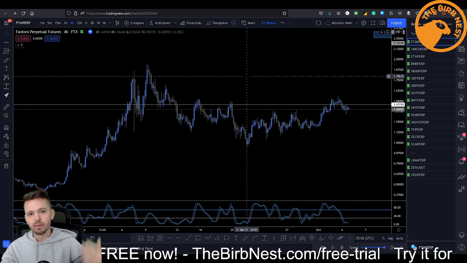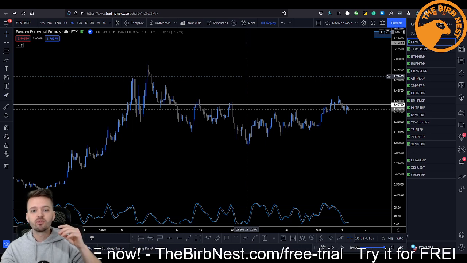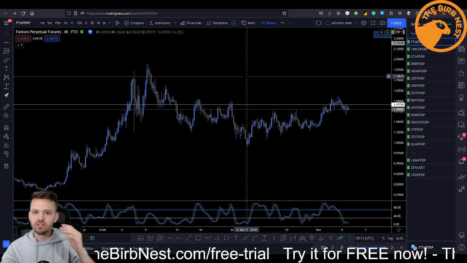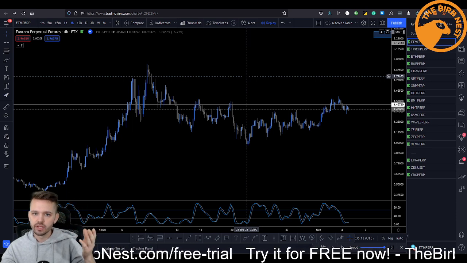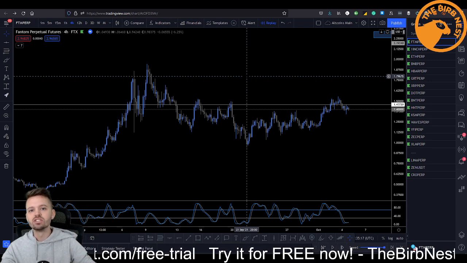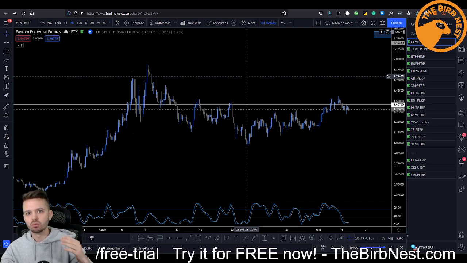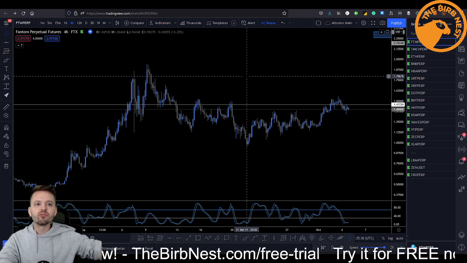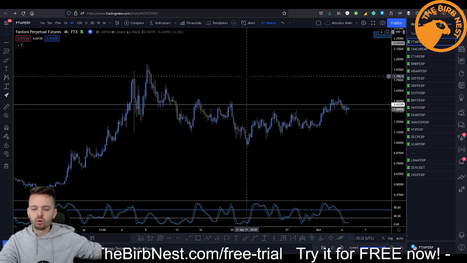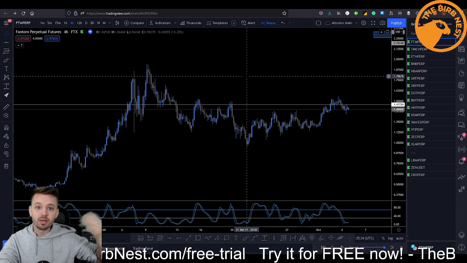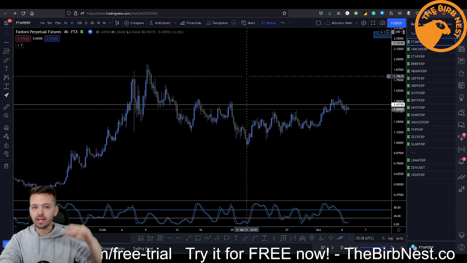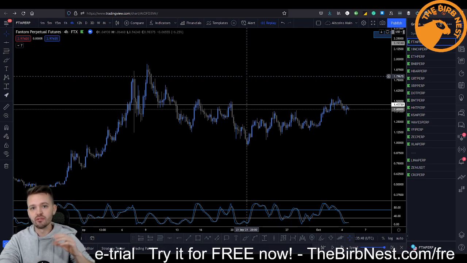So what I like to do when trading based on the daily and the 4-hour, which are my main time frames, is wait for a 4-hour open and close above the level. If you get a 4-hour open and close above the level, it's a higher probability that it's the actual breakout. It's a higher confirmation. Now, if you're a high time frame, long-term investor or trader watching the daily and maybe the weekly, you would want to wait for a daily open and close above the level instead of the 4-hour.